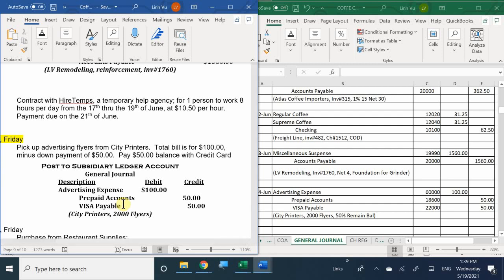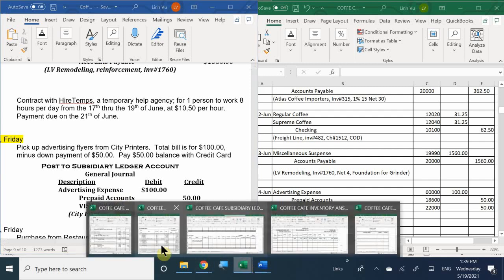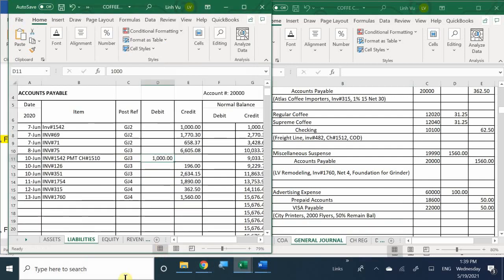The next step is to move on to our ledger to update our account balances. The first one is advertising expense once again.